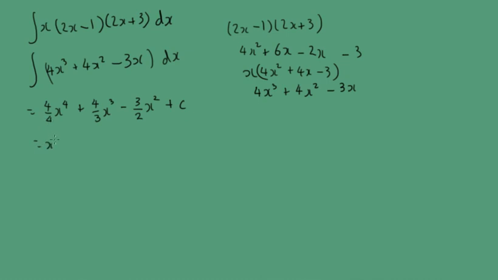And just tidy this up. And now we're going to integrate 4x squared minus 3 square root of x over x dx.